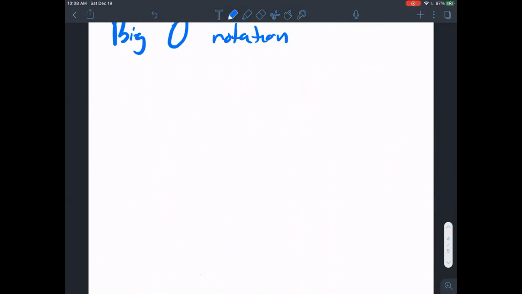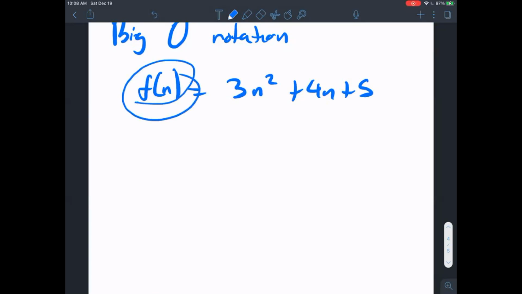Here are some rules, just summarizing what big O talks about. When faced with a complicated function, let's say you have a function equal to 3n squared plus 4n plus 5, what we do is find the simplest case for this one.